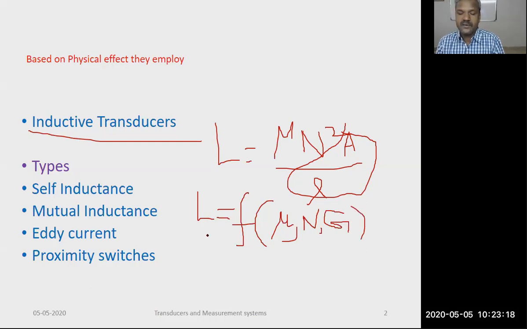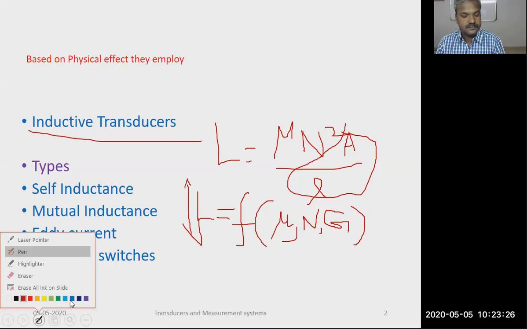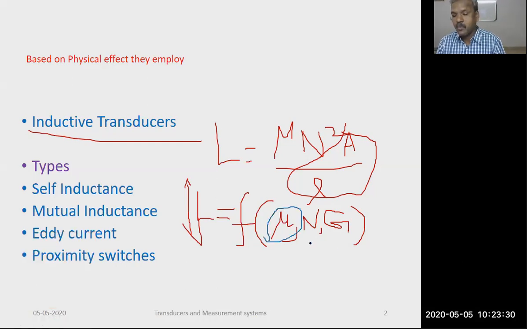The variation of inductance, increase or decrease, depends on mu. If we keep the geometric construction constant and vary mu, then that inductive transducer is called a variable permeability inductive transducer.